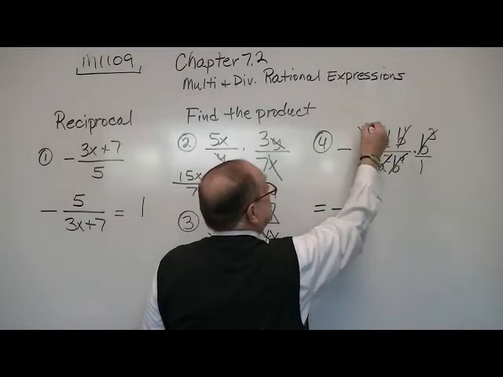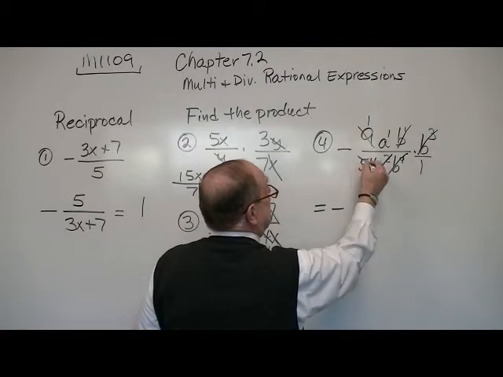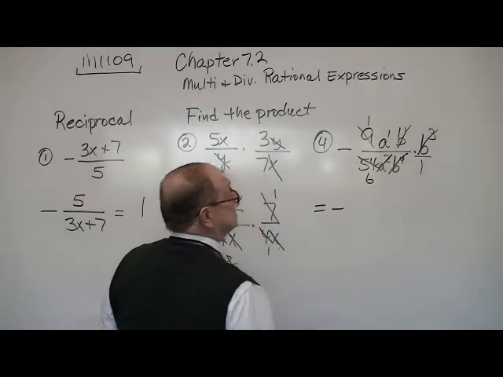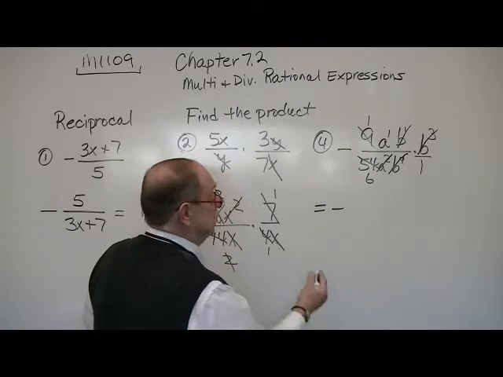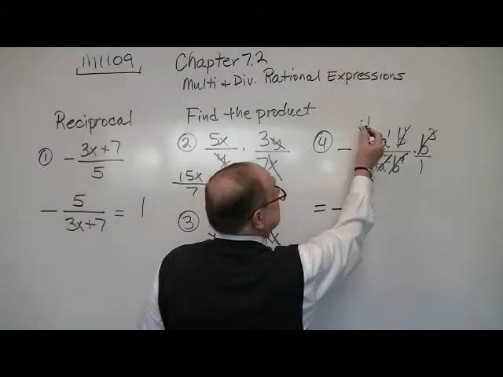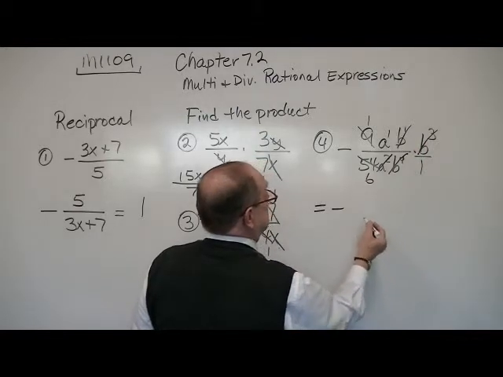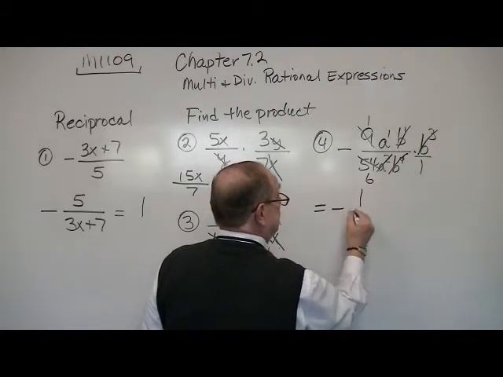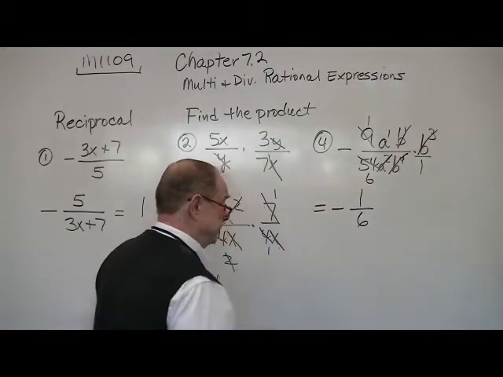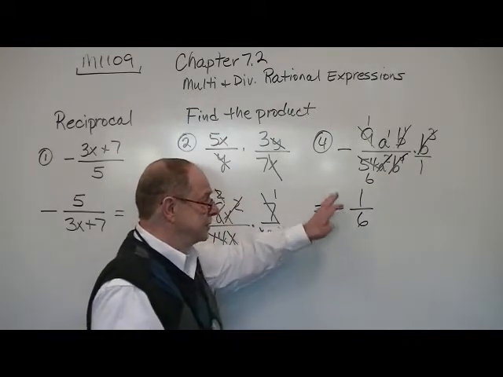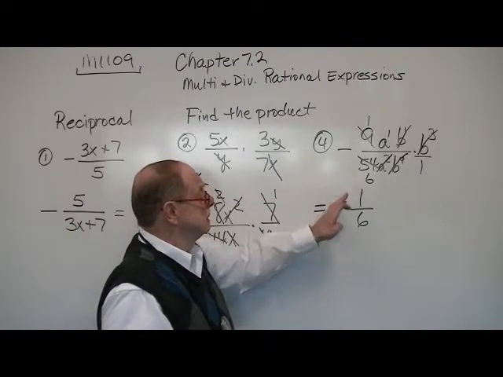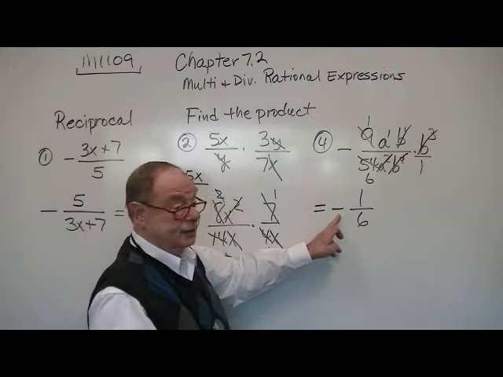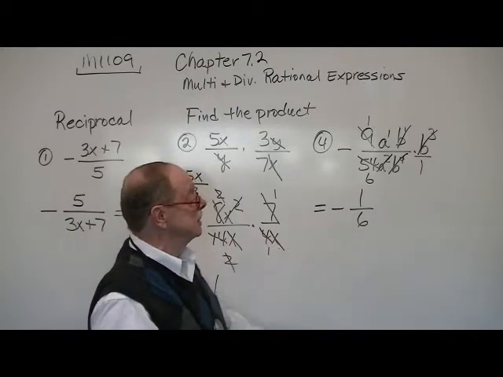And 9 goes into there once, and 9 goes into there 6 times. So your final answer, it looks like, since these are all 1s up there, will be a negative 1/6. And again, it's so easy to overlook that negative sign. So by putting that in your answer, you know it's going to be there.